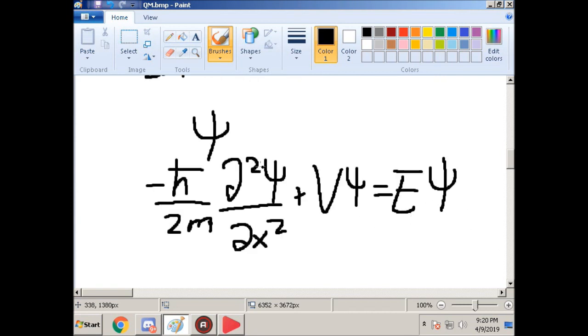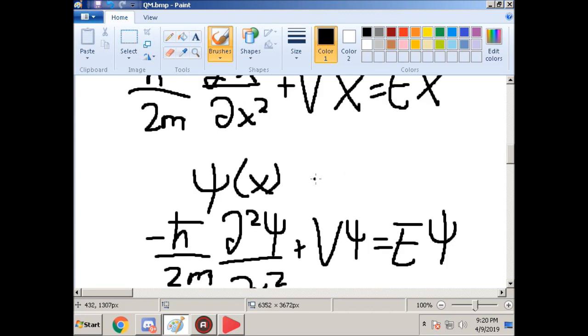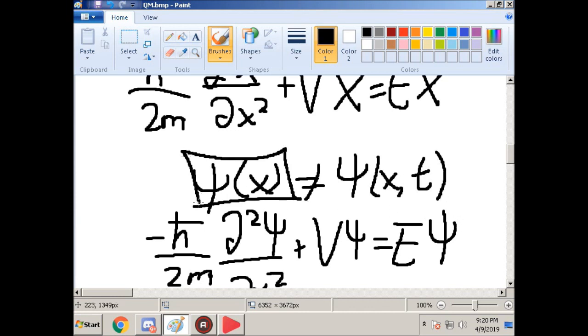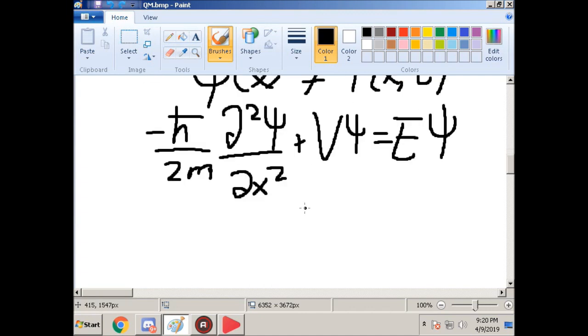Now note that this psi is a psi only of x, right? Whereas in the original Schrodinger equation, we got a psi of x and t. Now make sure that you don't confuse both of them. One of them is the full solution, the other one's just half of the solution, because we still don't have the time dependence on this solution, right?